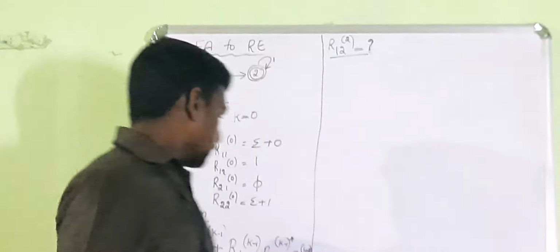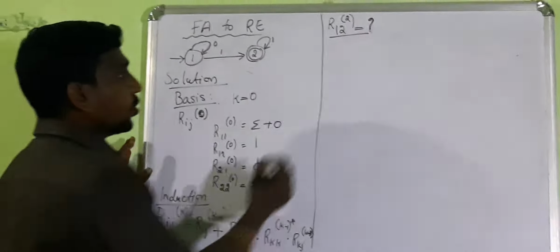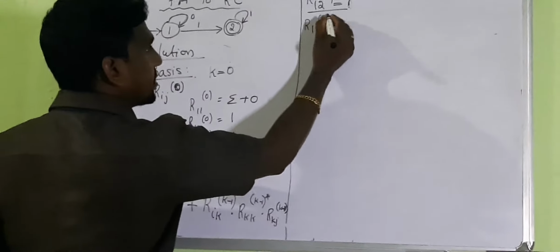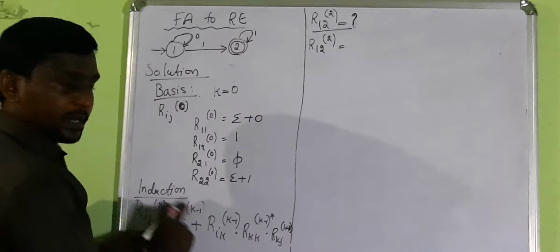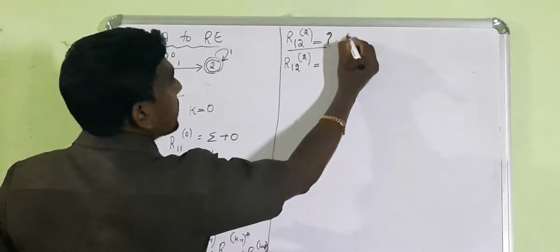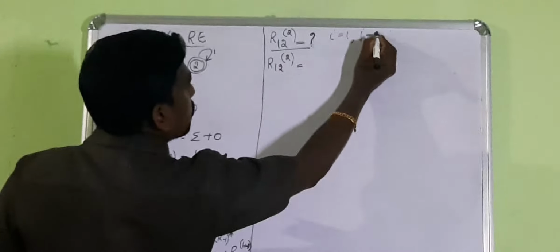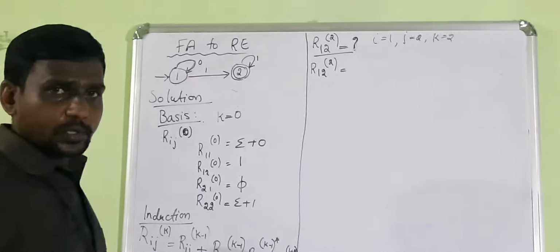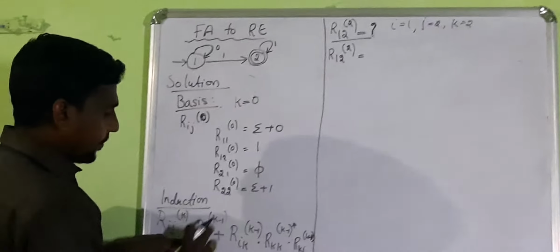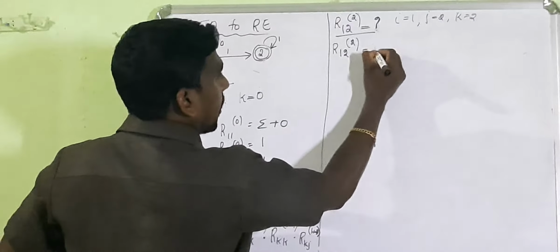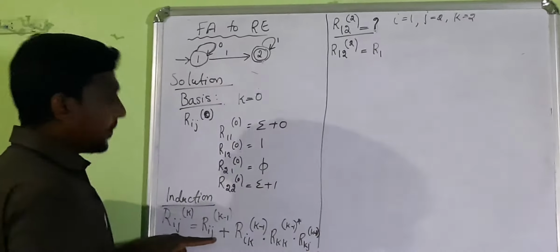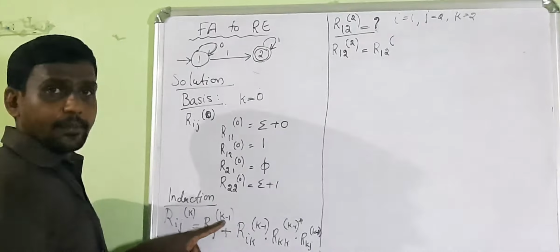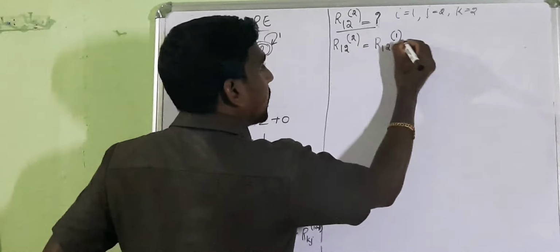So we will assume k equal to k minus 1. If you have to apply it, R12 power 2 is equal to R_ij power k minus 1. What is the i value here? i equals 1, j equals 2, k equals 2. So R_ij power k minus 1: i is 1, j is 2, and k minus 1 is 2 minus 1, which is 1. So R12 power 1.